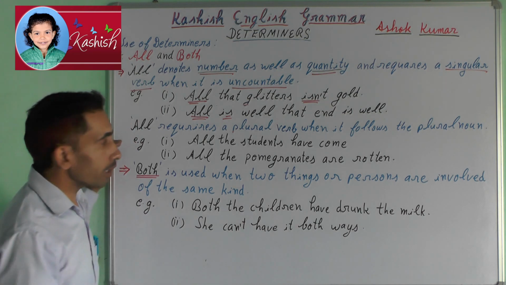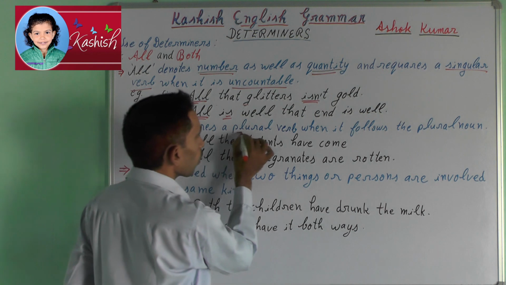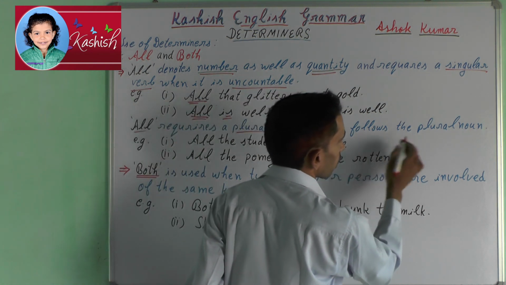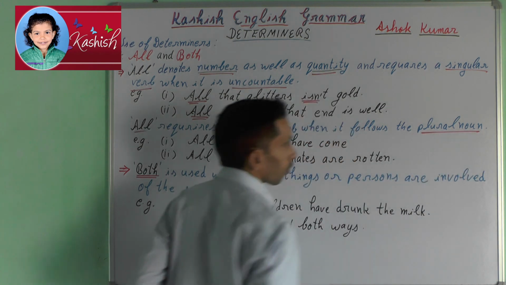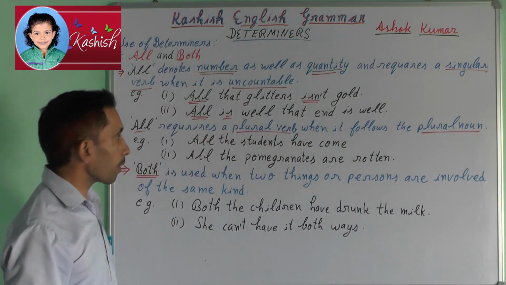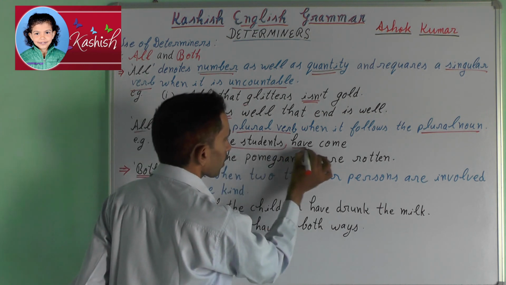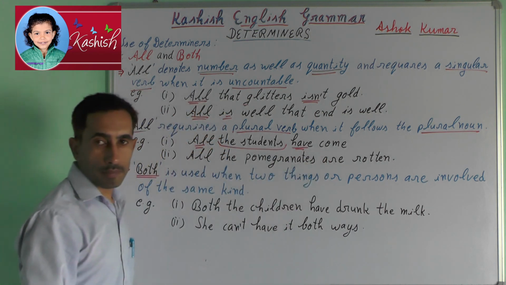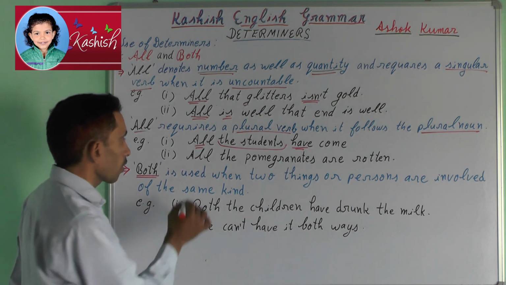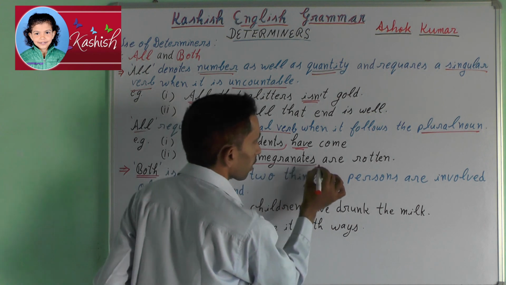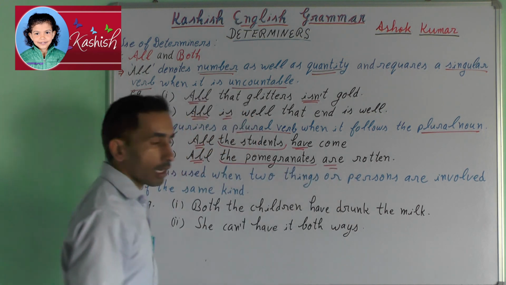All requires a plural verb when it follows the plural noun. For example, all the students have come. Next, all the pomegranates are rotten.